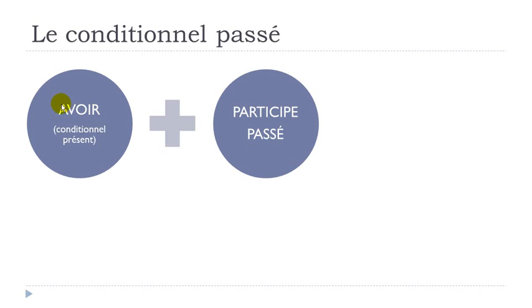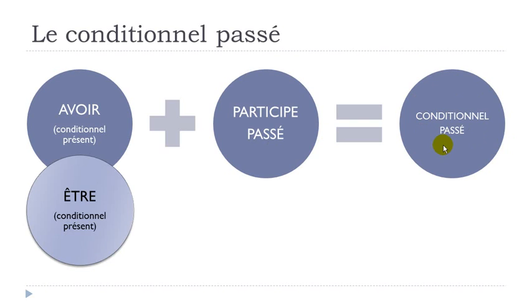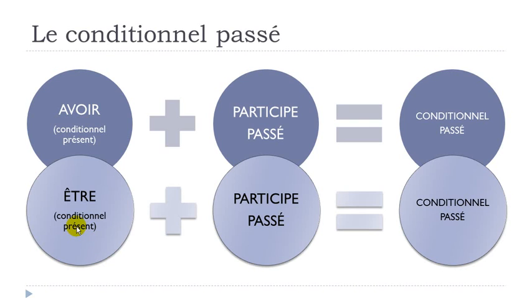So first avoir at the conditionnel présent plus participe passé, past participle, and you will get your conditionnel passé form. But we saw as well that in some cases we'll use être, and then same thing, it should be at the conditionnel présent form, plus participe passé, and it will give you conditionnel passé.